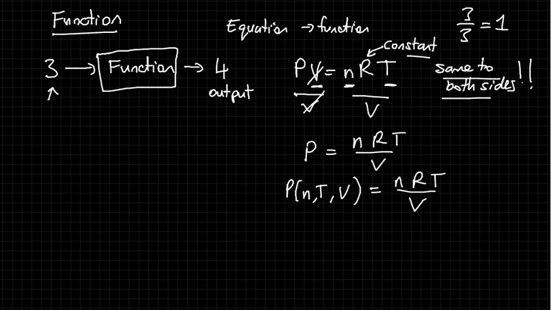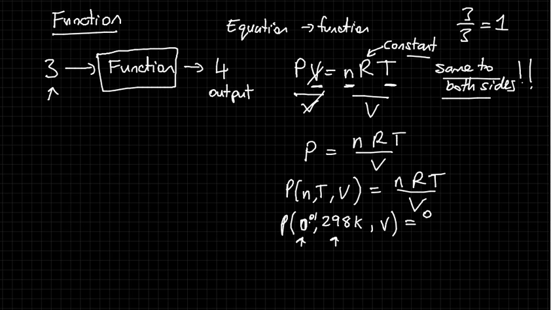And that basically helps us to understand this. So let's say now we set the temperature at room temperature, which is 298 Kelvin, and we set the number of moles at 0.01 moles, and we change the volume. So when we put values into here, we basically put them into their corresponding places in the function.